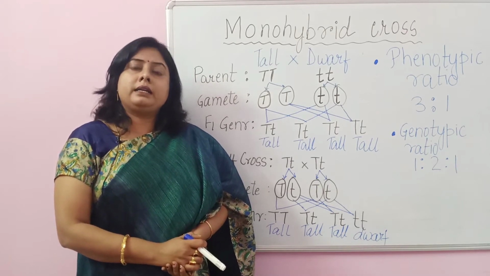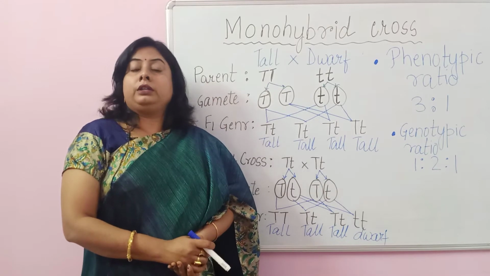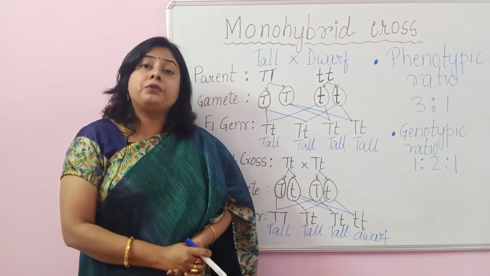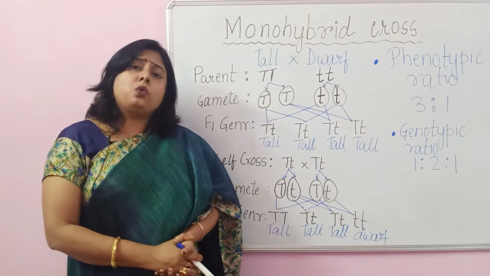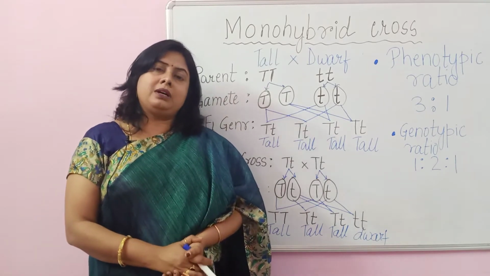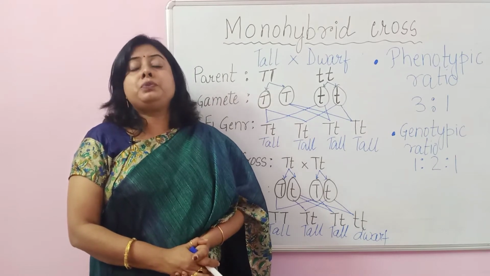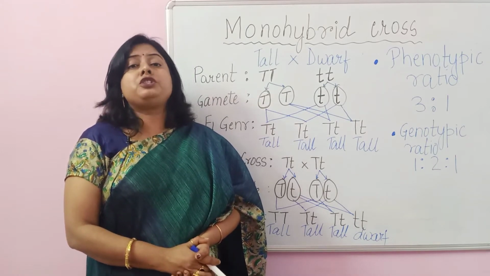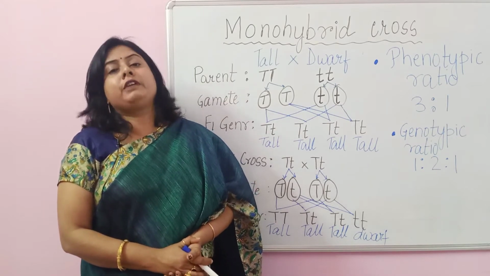Students, let us now try to understand Mendel's monohybrid cross. So, what is this monohybrid cross? It is a cross between two plants which differ in only one pair of characters.